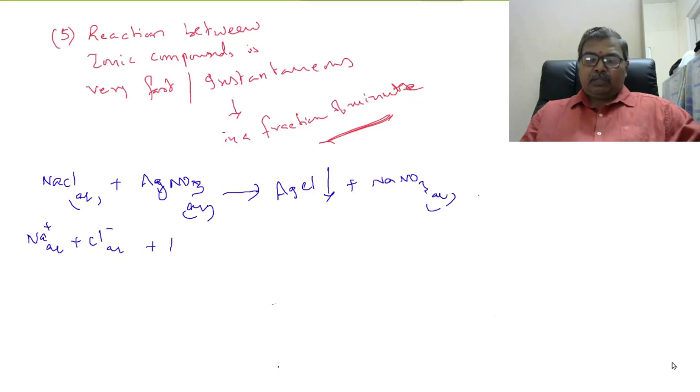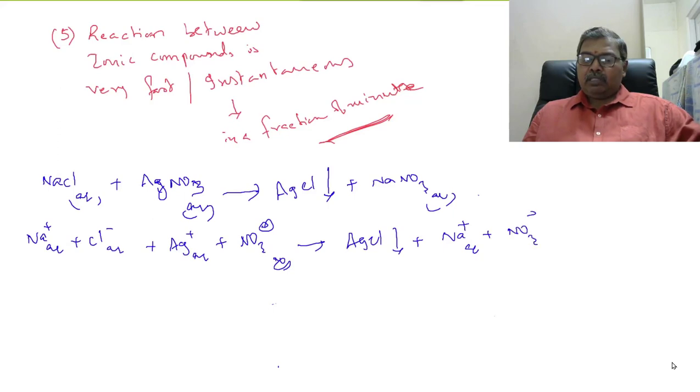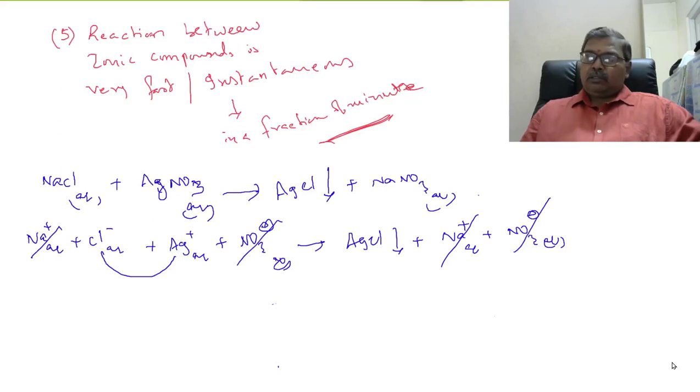The aqueous solution of AgNO3 contains aqueous Ag plus ions and aqueous NO3 minus ions, to give solid AgCl, and the NaNO3 solution contains aqueous Na plus ions and aqueous NO3 minus ions. So there is no change in the case of Na plus and NO3 minus, right? I am cancelling them because they are spectator ions. So there is no chemical change among those species.